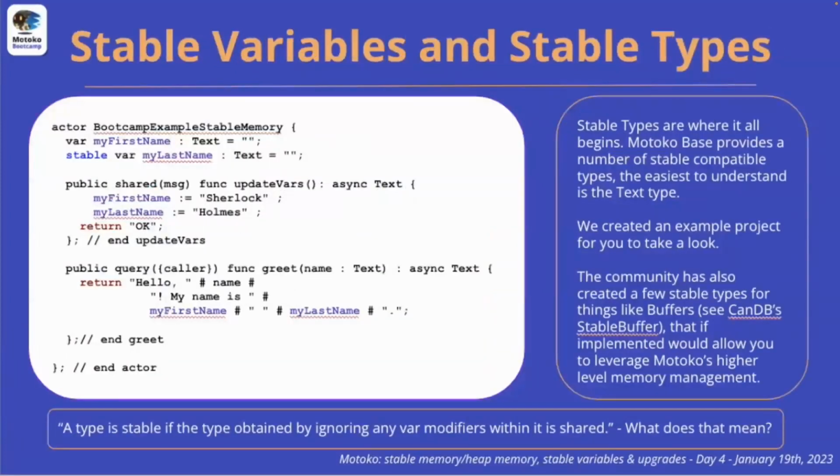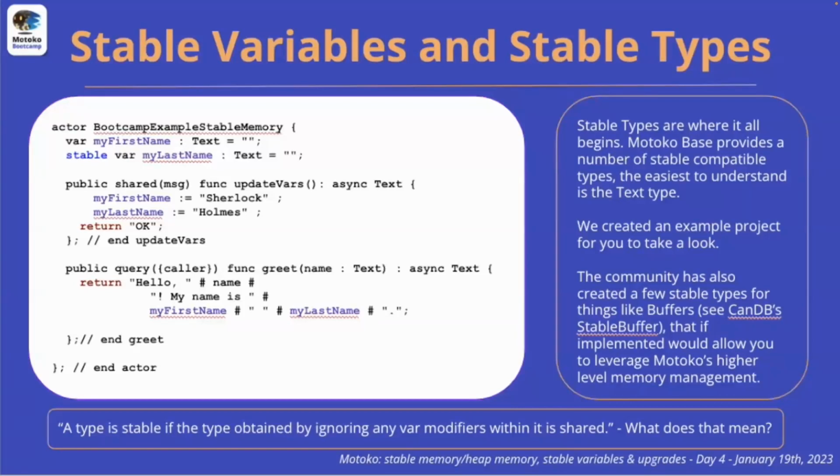So now we have a base understanding of what happens during an upgrade, and that an upgrade is something that as developers and architects we need to pay attention to as a moment of risk to our production data. We're going to touch a little bit more on the code and how to write code and what actually happens inside of your smart contract, and what happens to your data, what happens to the variables.